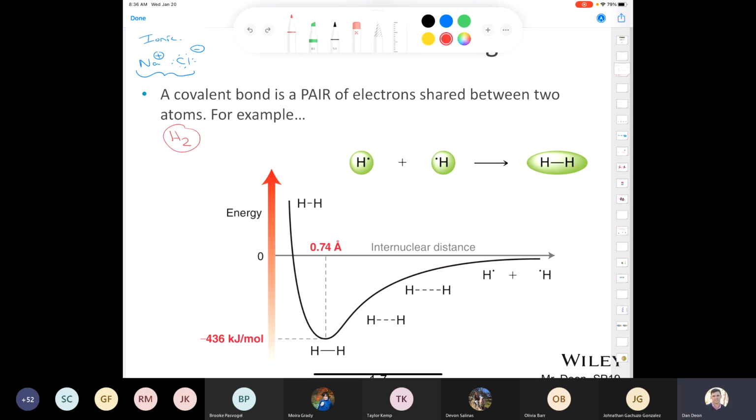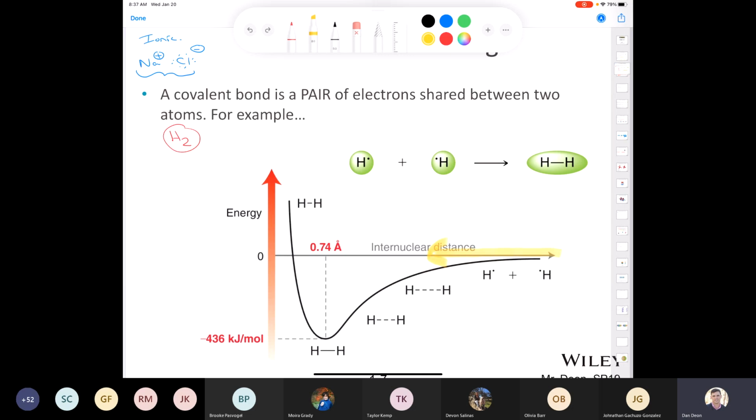What happens is that if you start to bring them closer and closer together, so what I'm doing is I'm going this way, I have my hydrogens that are separated. As I start to bring them closer together, all of a sudden, there's going to be an attraction between the proton in the nucleus of each one of these hydrogen atoms and the electrons. The proton of one hydrogen is going to attract the electron of the other, and the proton of the other hydrogen is going to attract the electron of the other.